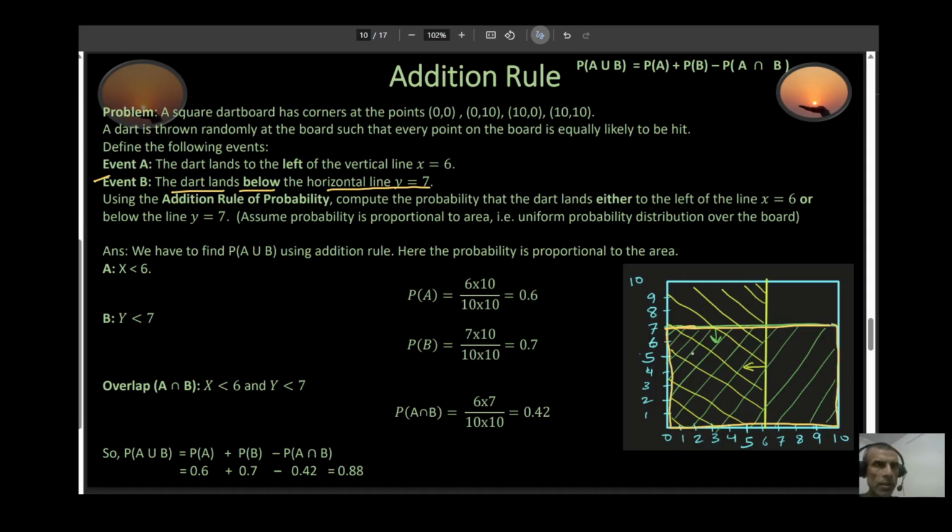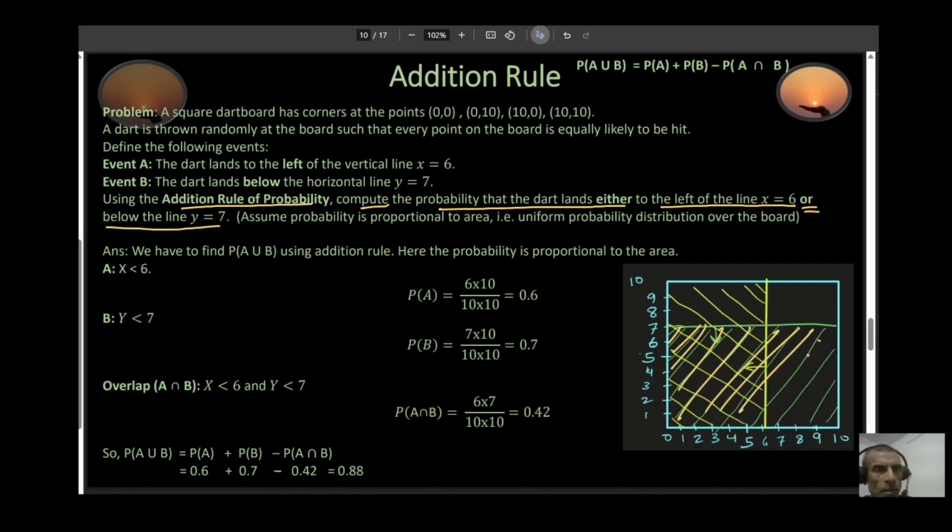So this is my event B. Using the addition rule of probability, compute the probability that the dart lands either to the left of the line x equal to 6 or below the line y equal to 7. That's what you have to find out.